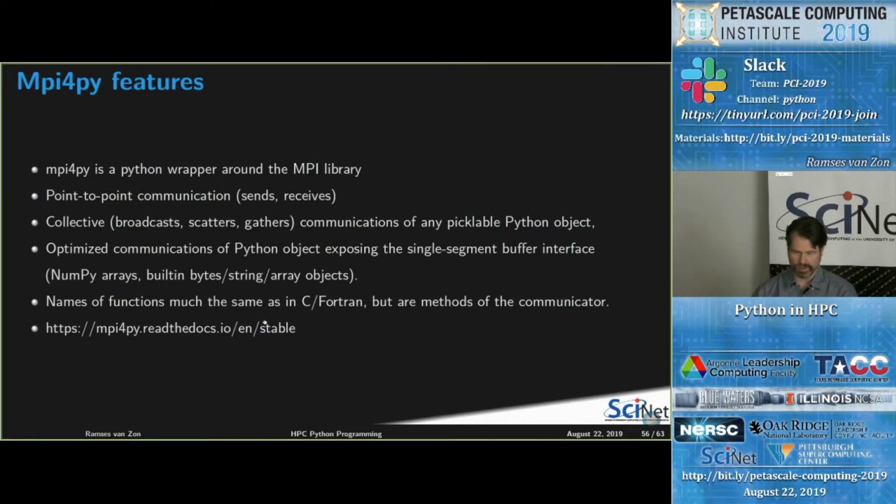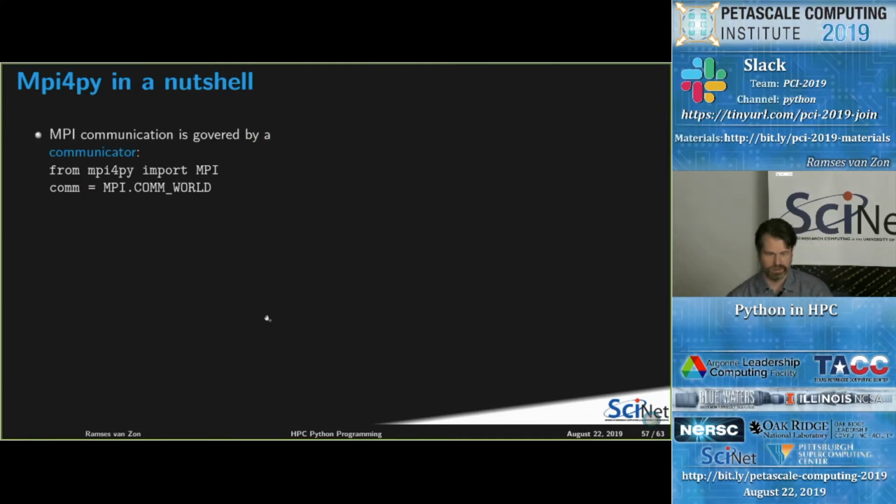So how would you work with mpi4py in a nutshell? If you know MPI, most of you do, there's going to be some familiarity and some things where you're going, oh, does this work like magic? And the answer is yes. So if I want to use MPI, I import MPI from mpi4py.